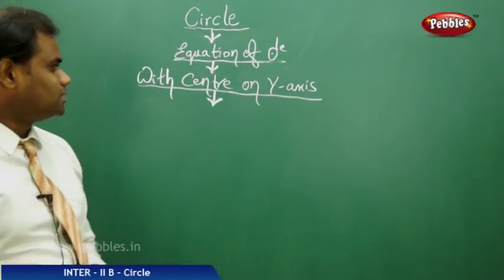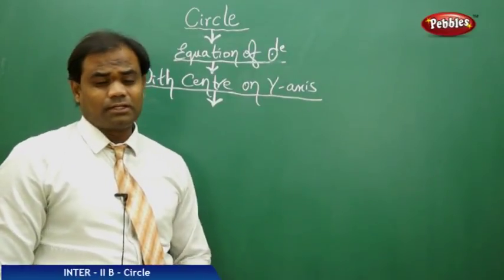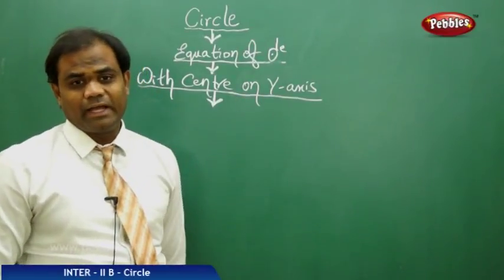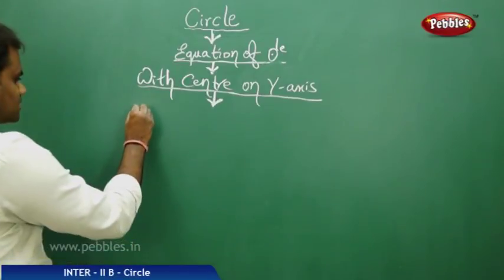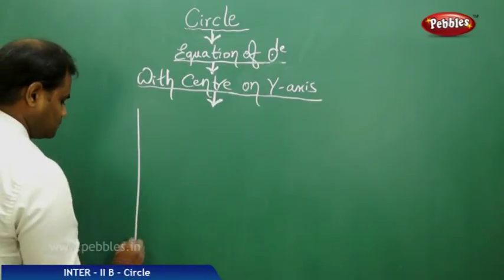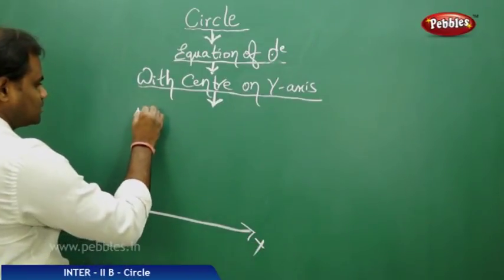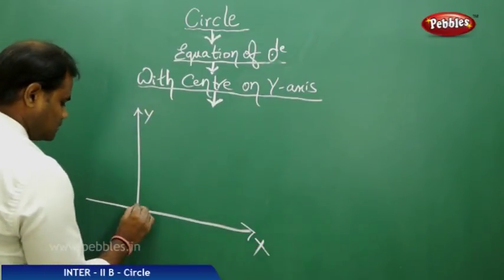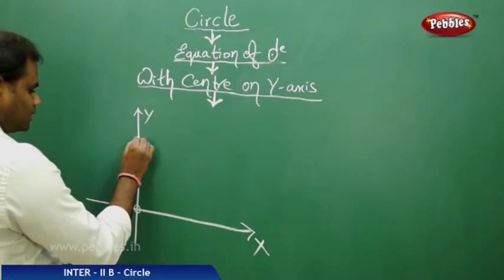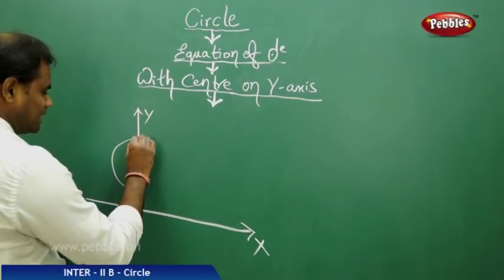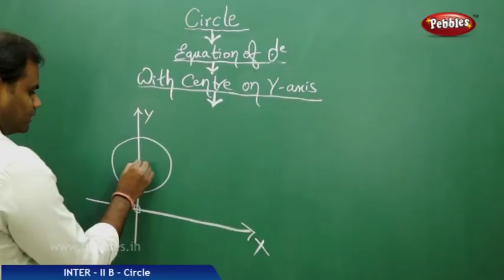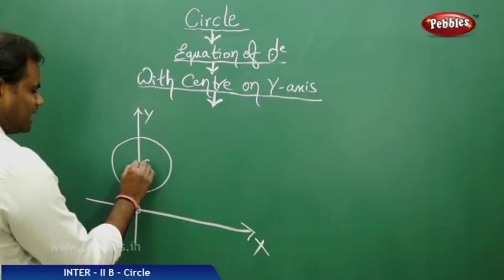Similarly, let's see what would be the equation of circle with center on y-axis. Now in this case, I have my x, my y-axis, my origin here, and the circle is exactly with its center on y-axis.